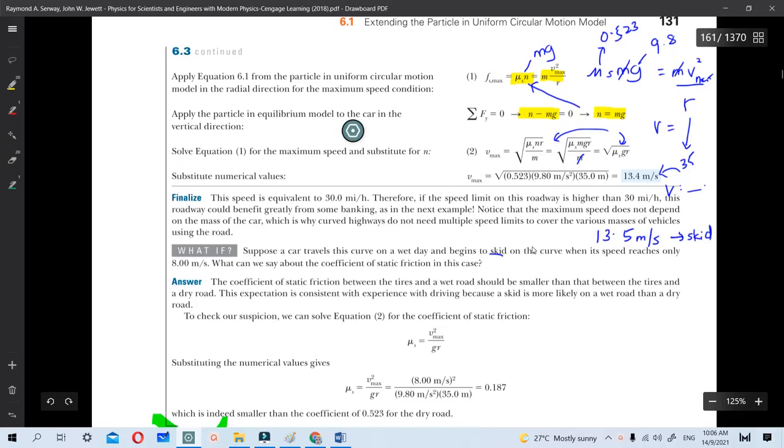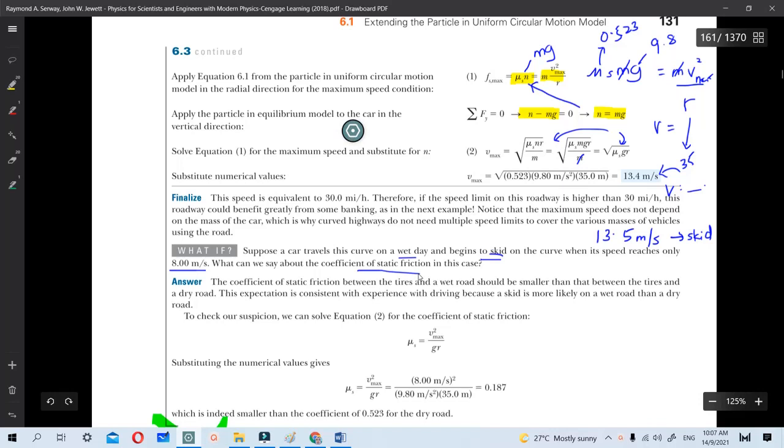Okay, this is a situation whereby now it's a wet day and the car turns out to skid when the speed is only 8 meter per second. Less than this, right? Meaning that the surface changes and hence the coefficient changes as well.